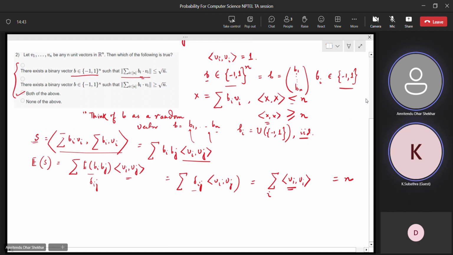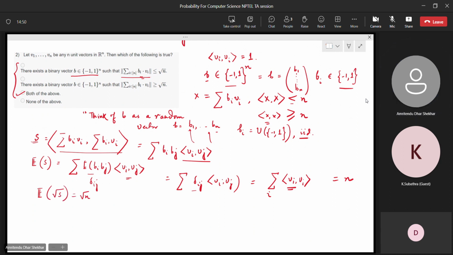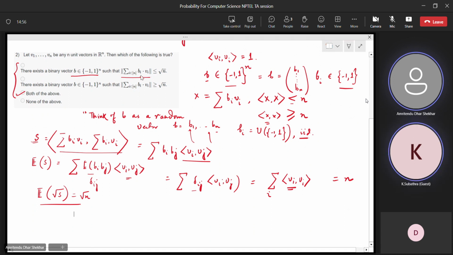So if you take the expectation of root S, that is equal to root 10 basically. Okay. Now the question is, why does it mean that this is either bigger than this or smaller than this?